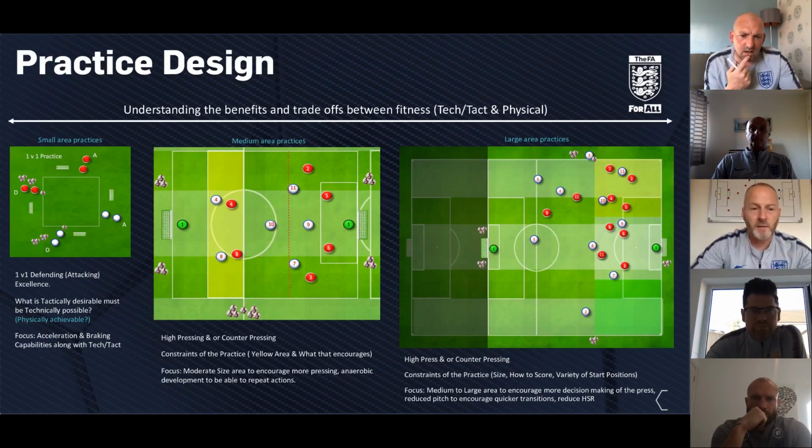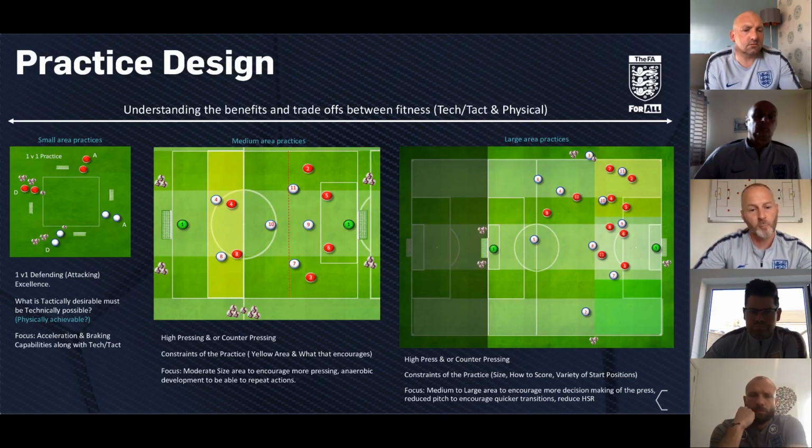So understanding that maybe you'll get high repetition but reduced realism, recognizing that there is a place for this, to make sure that we really refine the technical capabilities of players 1v1 before we start layering the complexity and moving towards the bigger areas.